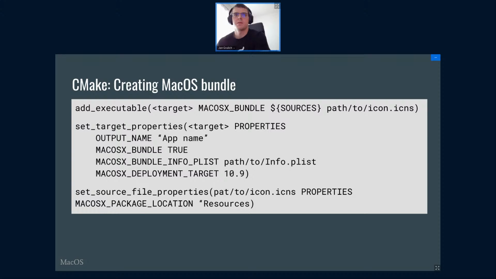Then you specify the path to Info.plist, and then you specify the macOS deployment target. And you also can specify where the application icon can go, because the macOS bundle has some directory hierarchy. So things like icons or additional resources go into the Resources folder.